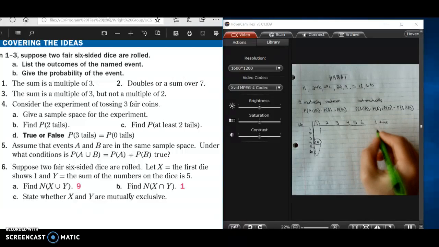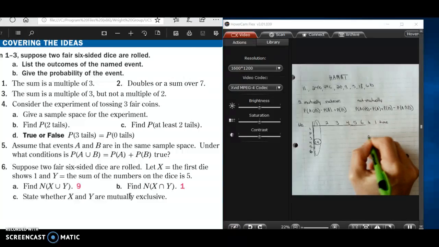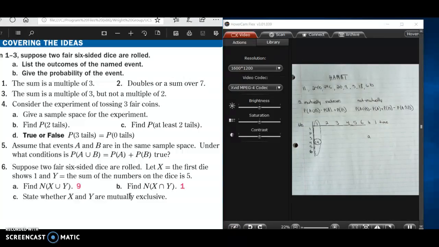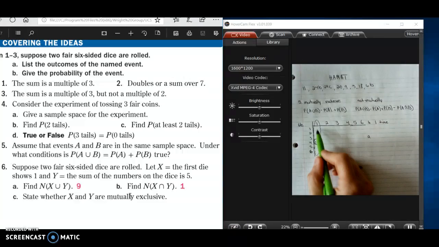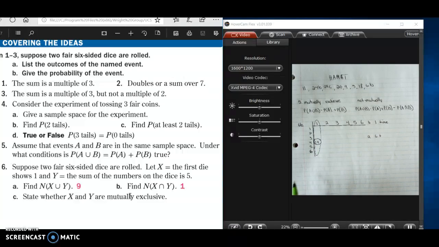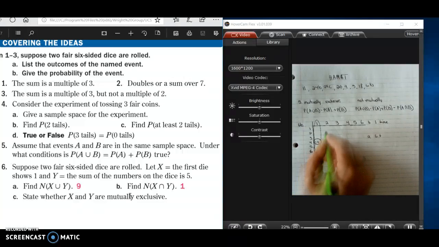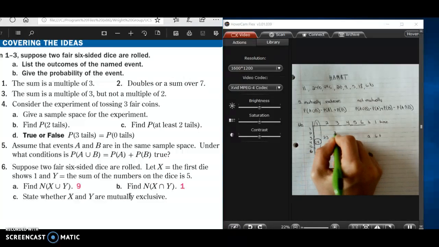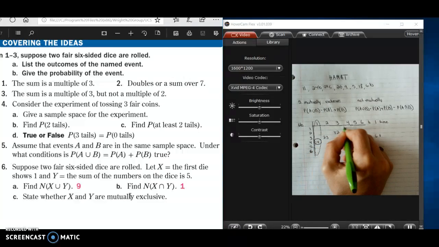And let's go ahead and do A just while we're at it. On A, it says we want one event or the other. Well, if you take a look, here are the 6 times that you have your first die to be a 1, and then the second event was the sum is 5. So that would happen here, that would happen here, or here.